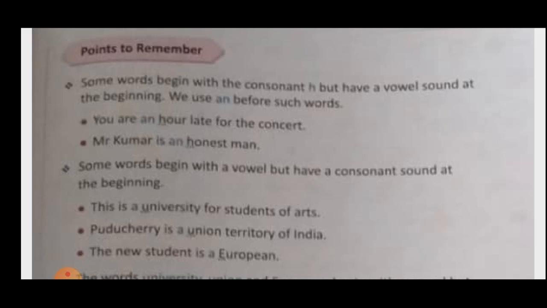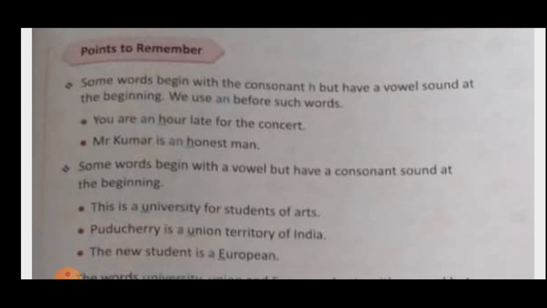This is a university for students of arts. Here the beginning letter is U but it is pronounced "yuniversity". Ya is a consonant, so there we will put a as the article. Next is Pondicherry is a union territory of India. Here also we pronounce U as ya. If we are pronouncing ya, that is a consonant, so before that we will put a.